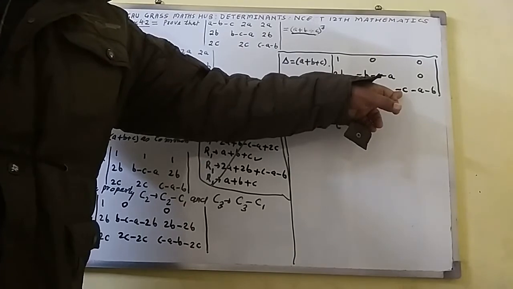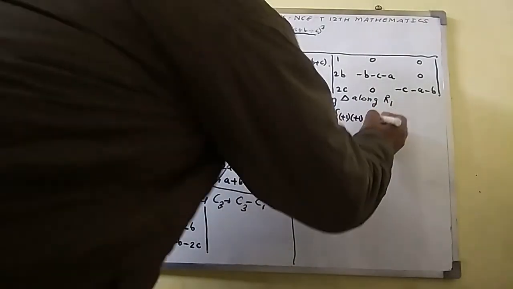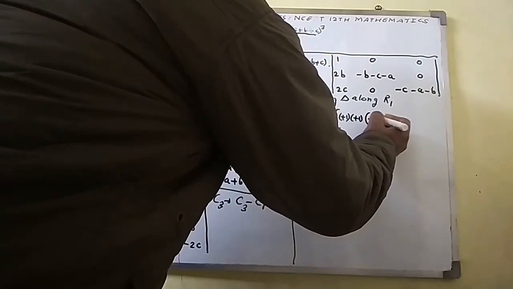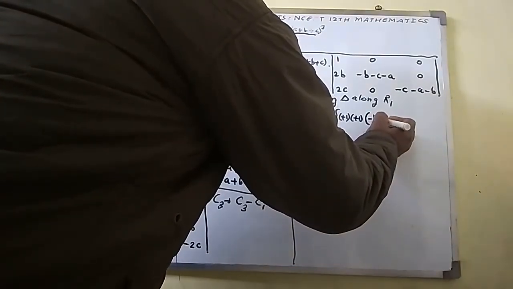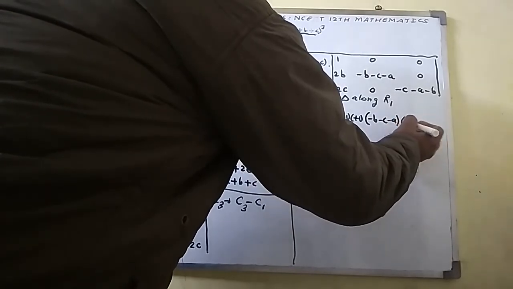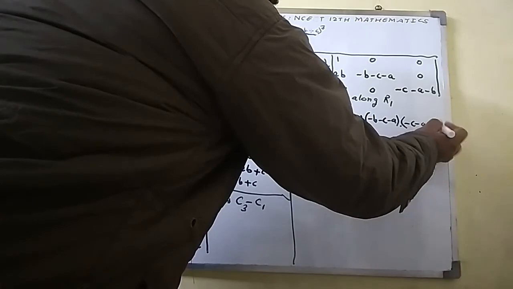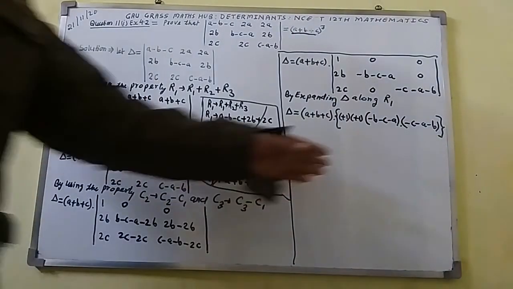The elements of the principal diagonal will be multiplied together. So here write minus B minus C minus A will multiply to minus C minus A minus B. This thing will occur.